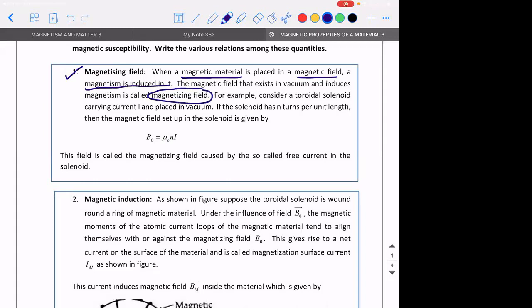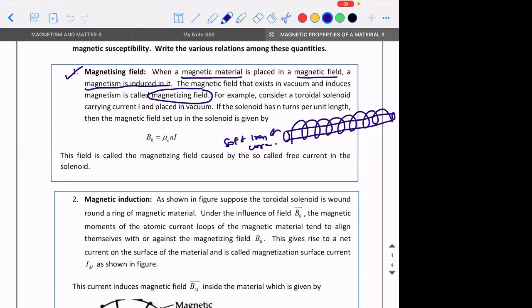For example, if I take a solenoid, last chapter we discussed a solenoid. The solenoid is wound around a material called a soft iron core. Now tell me, guys, when you start passing current through the solenoid, what is getting generated within the coil?